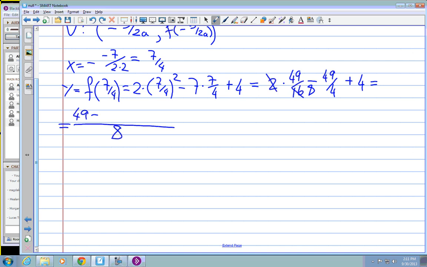Multiply by 2, so what is that? 98. And how do you turn the last fraction so it has 8 in the denominator? 32. You multiply 4, it's 4/1, by 8/8, so it's 32. So 49 minus 98 plus 32. What is that going to give us?